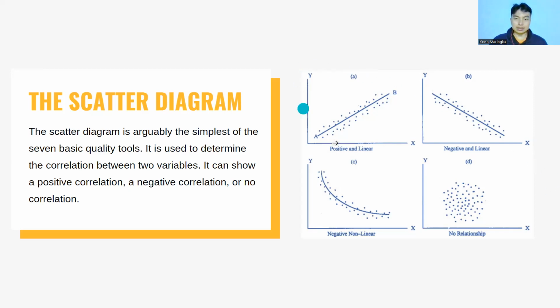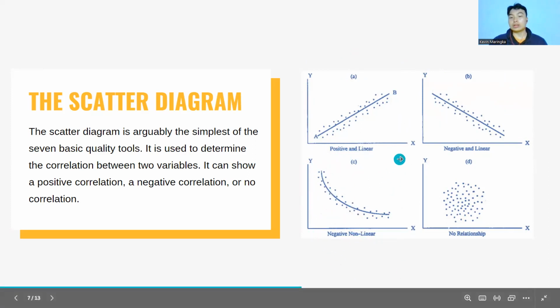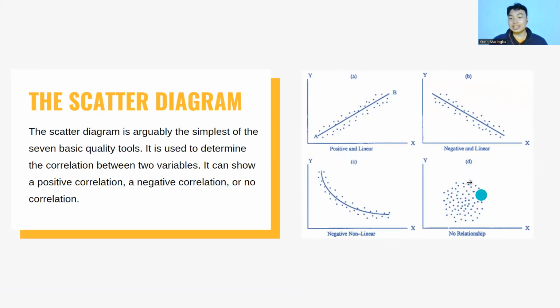Here at A, it shows a positive correlation. And at B, it shows a negative correlation. When it is like this, it's negative nonlinear. If it's something like this but going up, it's called positive nonlinear. And if it's like this, it's way too scattered, it has no relation at all.